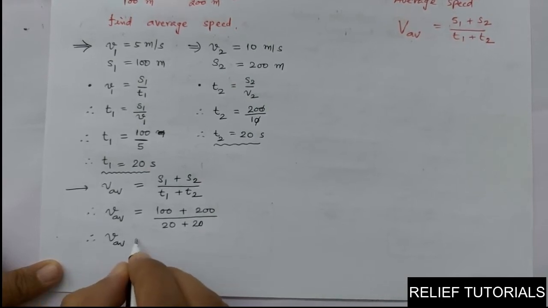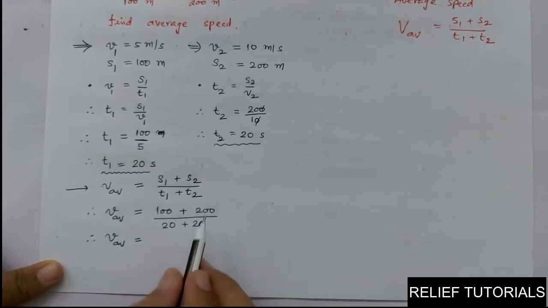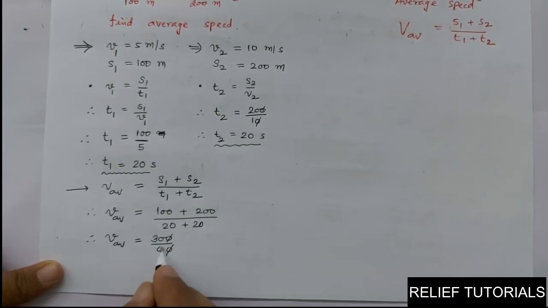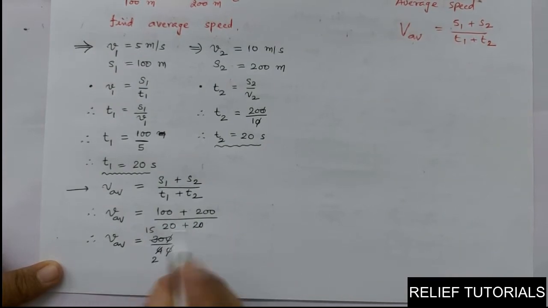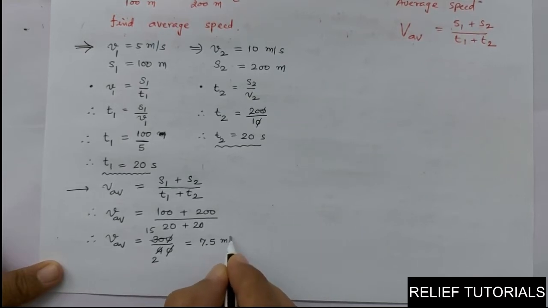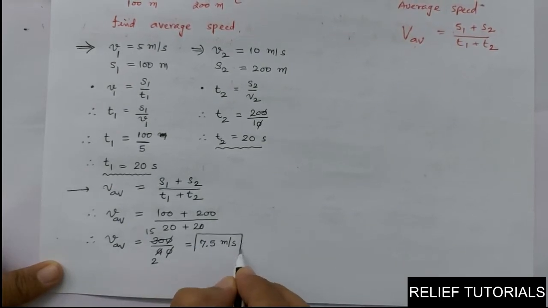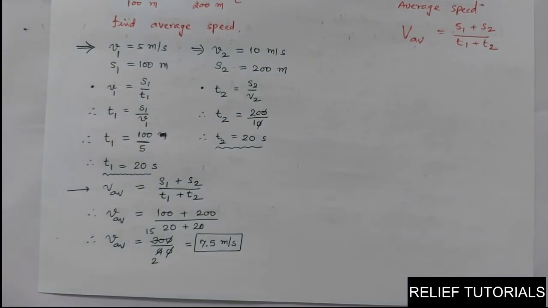Therefore, VAV is equal to 100 plus 200, 300, upon 20 plus 20, 40. This zero gets cancelled. Twos are 2 and twos are... 15 by 2. So the answer is 7.5 meter per second. So VAV, the average speed here, is 7.5 meter per second.